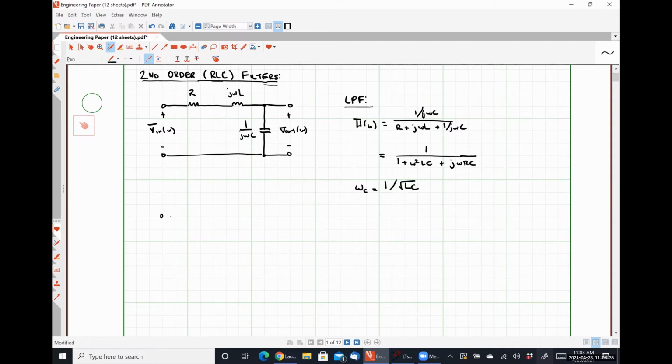we have the exact same circuit, except we switch the positions of the capacitor and the inductor. Oops, except that I'm not switching their positions.